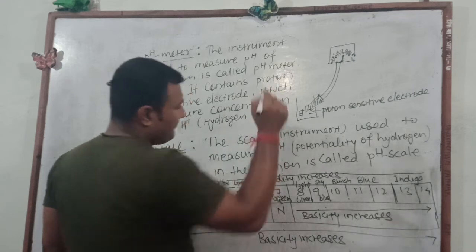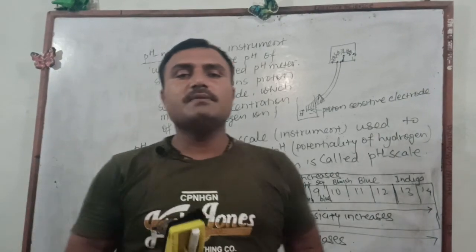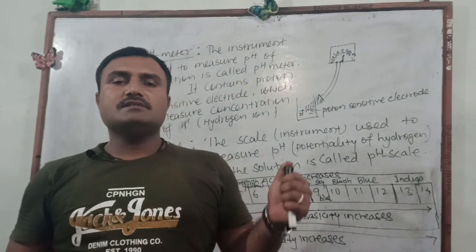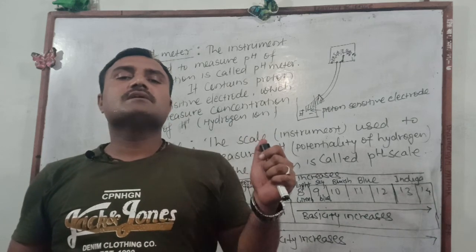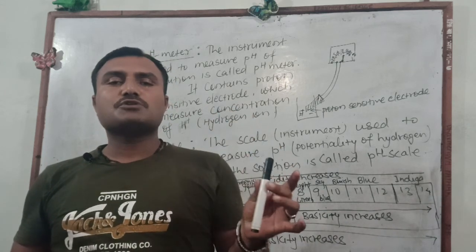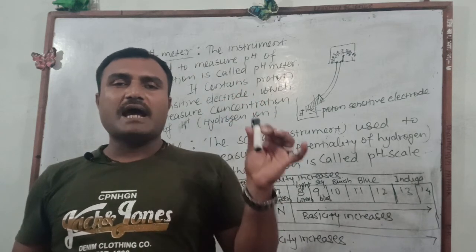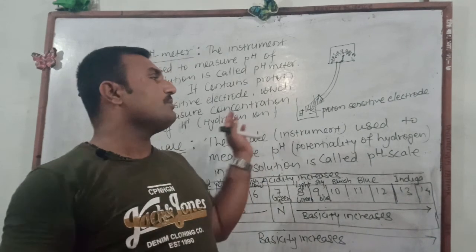In this way, we can measure the strength of a given solution with the help of the pH scale. Nowadays, a digital pH meter is also found, that also contains a chemical sensitive electrode which has sensation of hydrogen ion, and in this way it can measure the strength of a given solution.